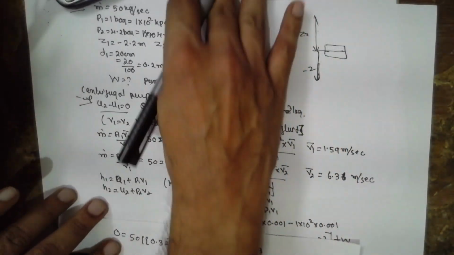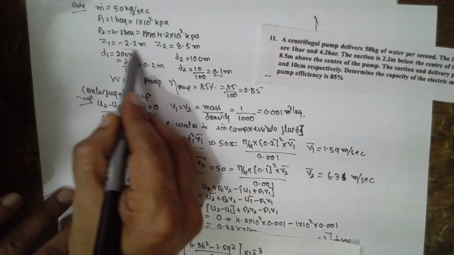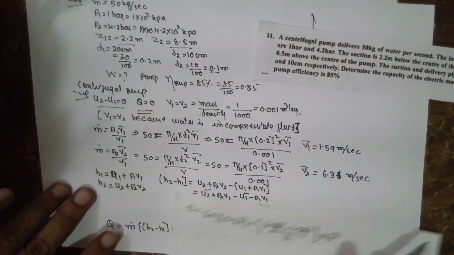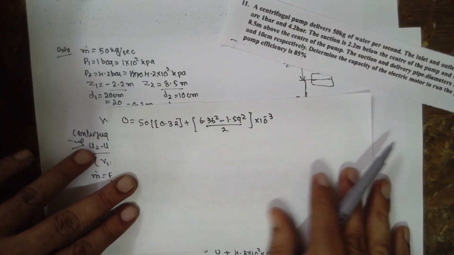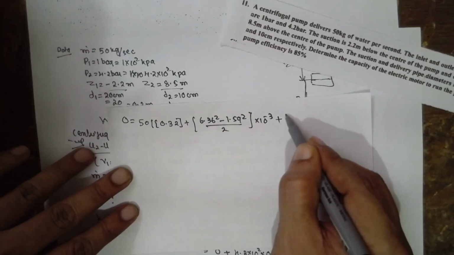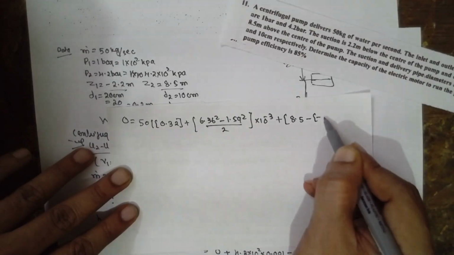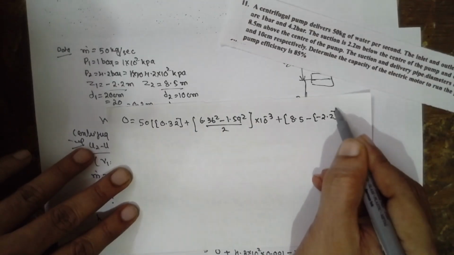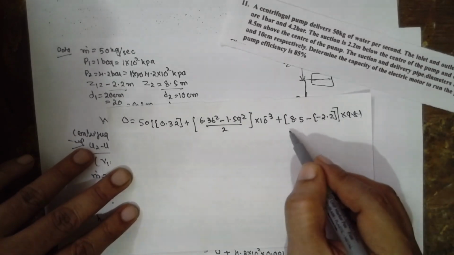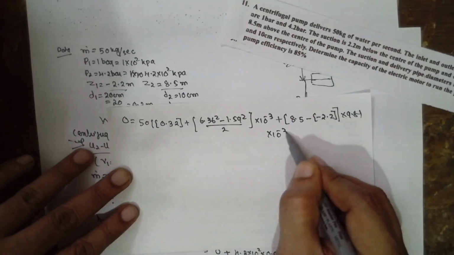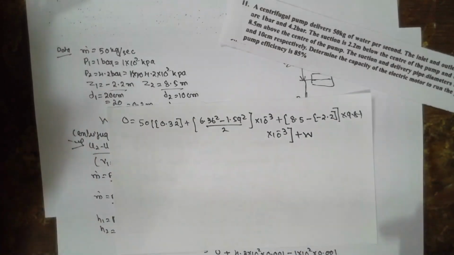The Z1 values are given here, so substitute the Z1 values. Plus the Z2 value is 8.5 minus of minus 2.2. Close the bracket into 9.81 into 10 raised to minus 3. Close the complete bracket, plus W. We need to find out W.